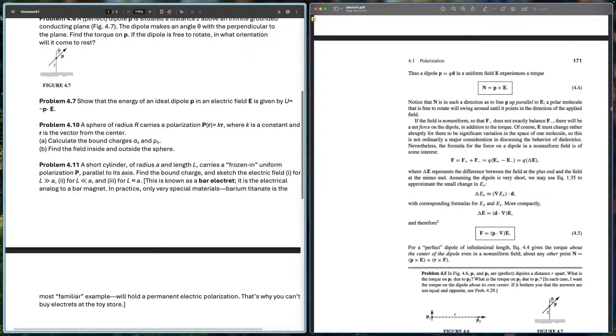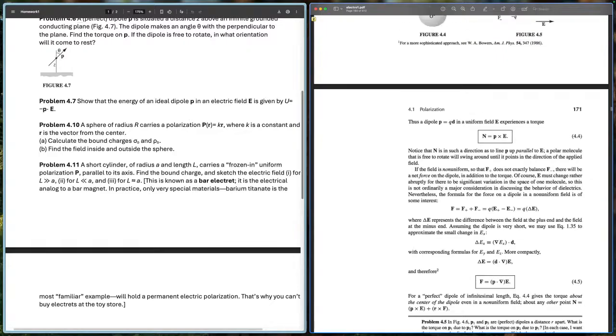So the torque wants to make sure the angle between P and E is small, right? So it'll rotate it to that angle. The field is non-uniform, so there'll be a net force on the dipole.